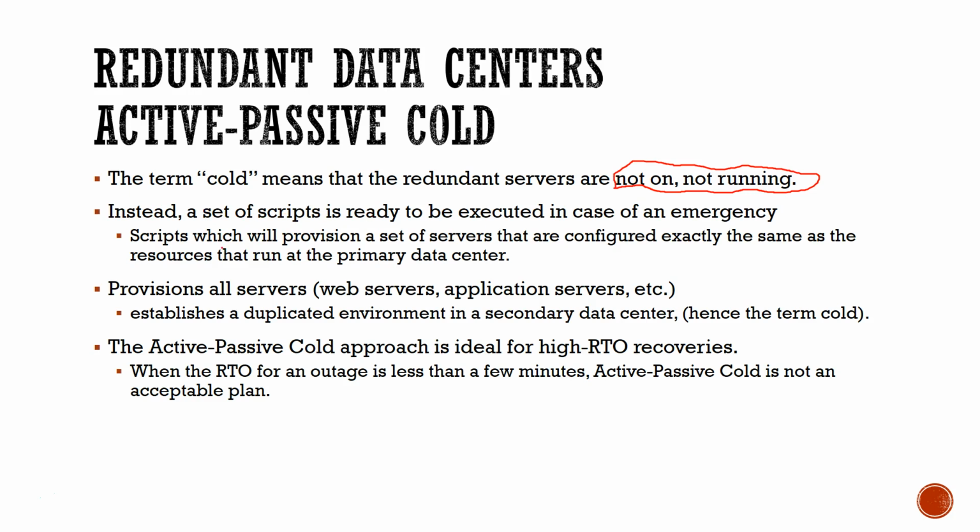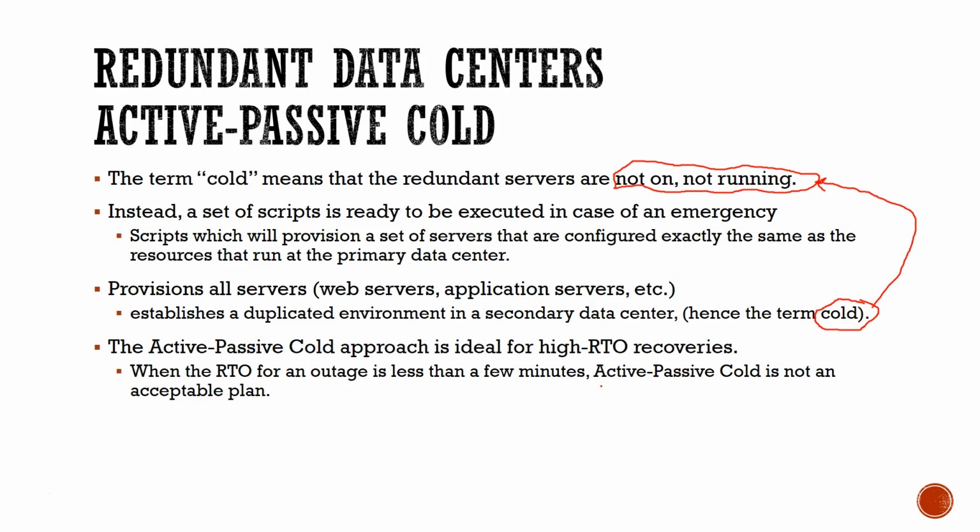The scripts give the configuration and the provisioning of the servers, configured exactly the same as the resources that are running at the primary data center. So you run the scripts, which gets the configuration back to where it should be. And then you can provision all of the web servers, application servers, everything in a duplicate environment in a secondary data center that is not running. So that's why it's referred to as cold, because it's not running.